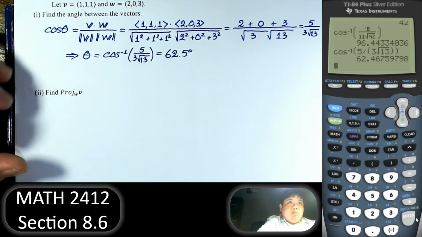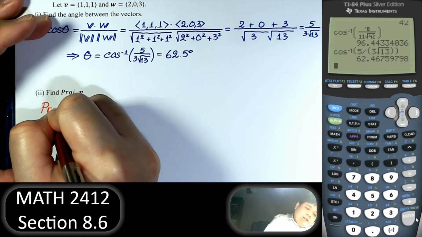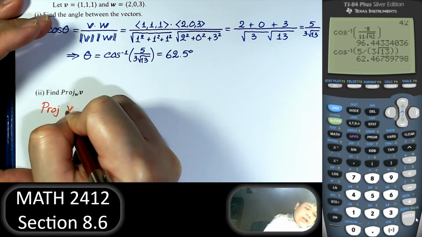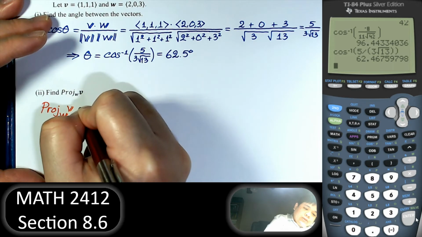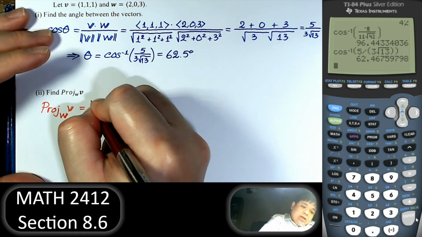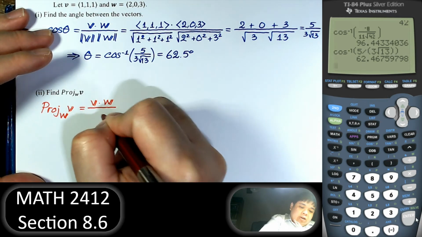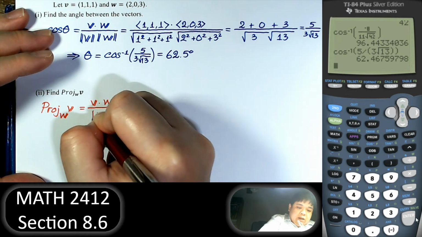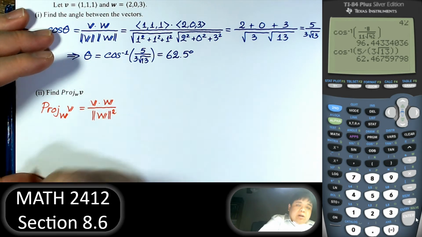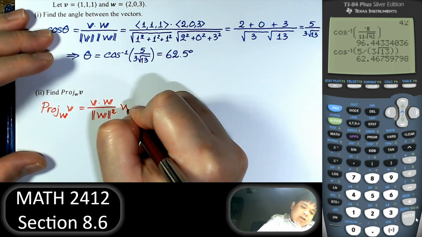Now let's find the projection. So what is the formula for orthogonal projection? The projection of vector v onto vector w. Right, we have this back in section 8.5 when we define the dot product. So the projection of v onto w is going to be vector v dot vector w over the magnitude of w squared, times the vector w.